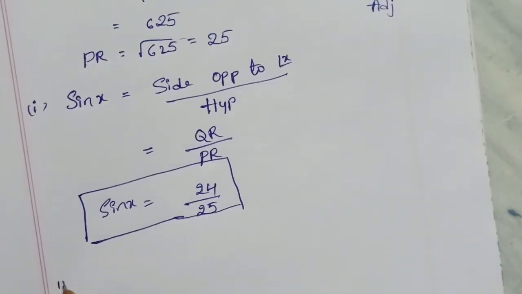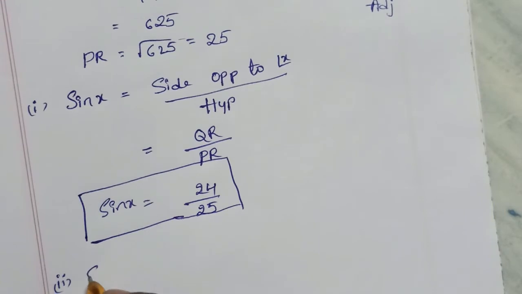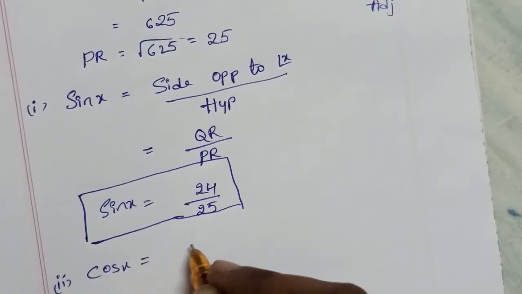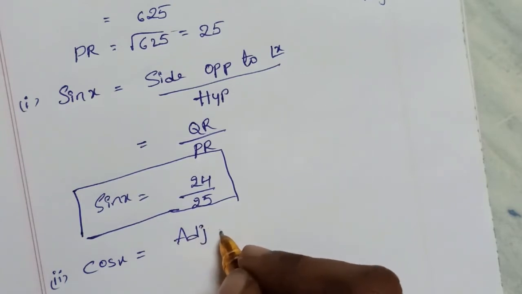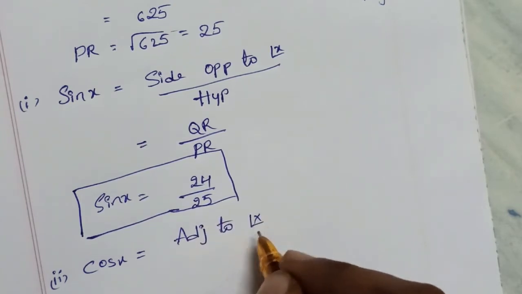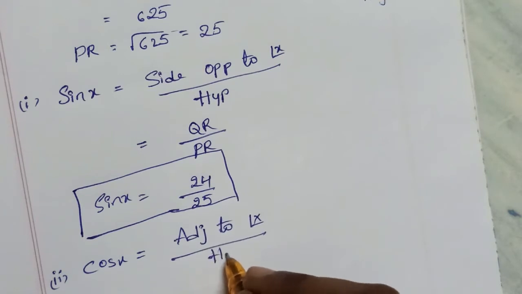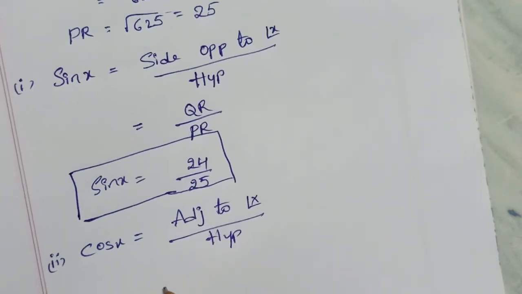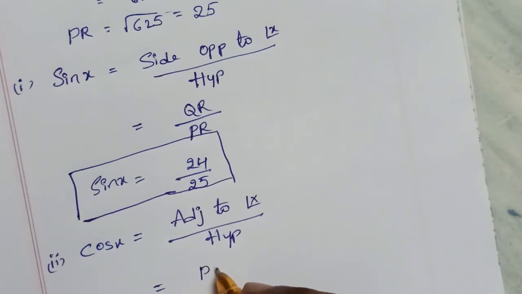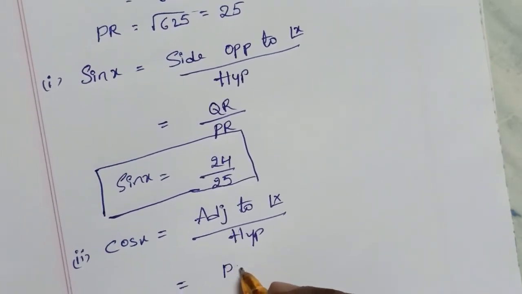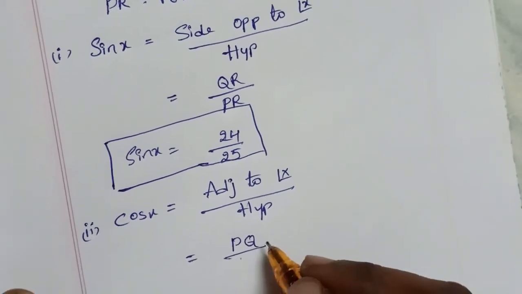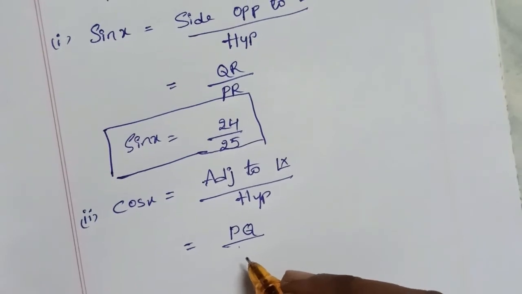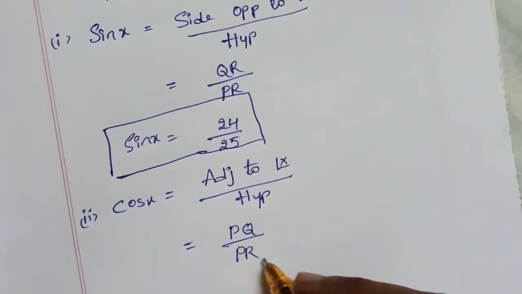Next, we find the value of cos x. It is equal to adjacent to angle x by hypotenuse, is equal to PQ by PR.